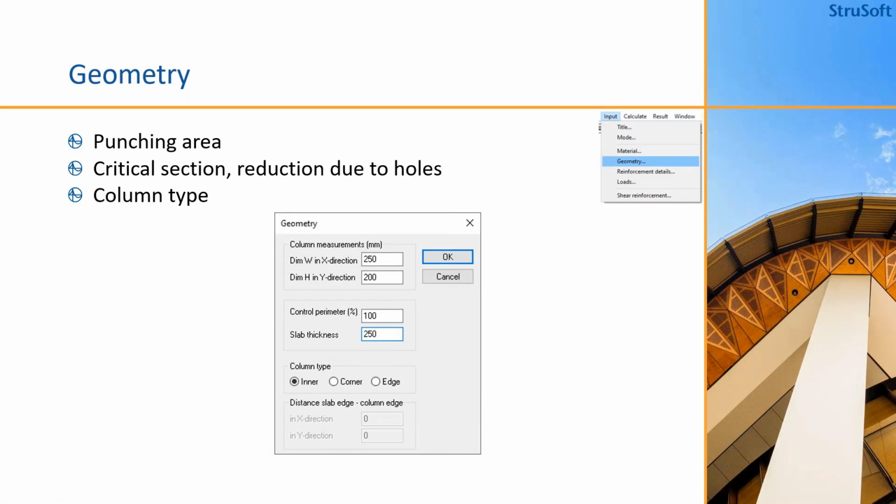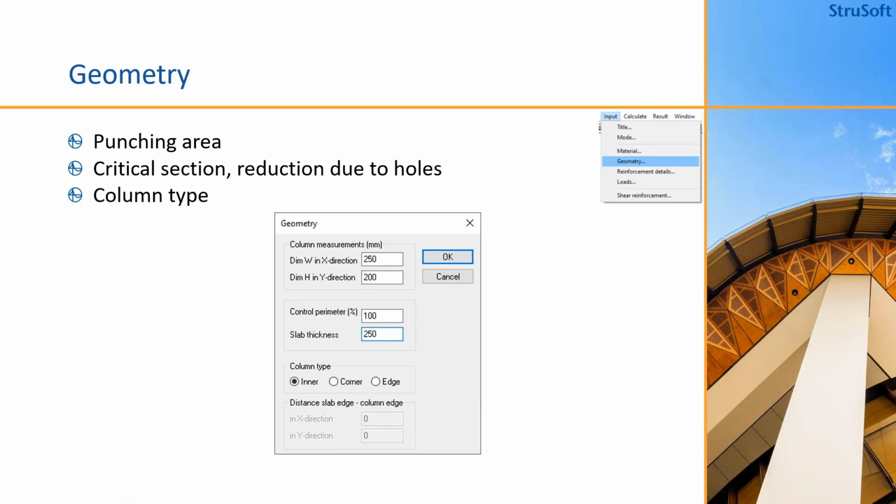In the next selection, we use this window in order to define the punching area, the critical section, and what column type. And here it is the measurements of the column, the control parameter, or the critical section.